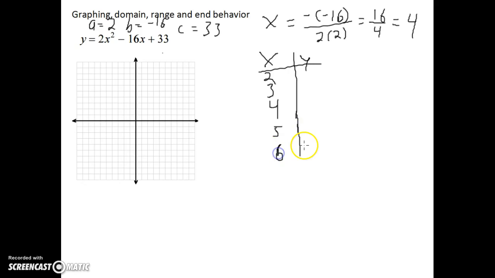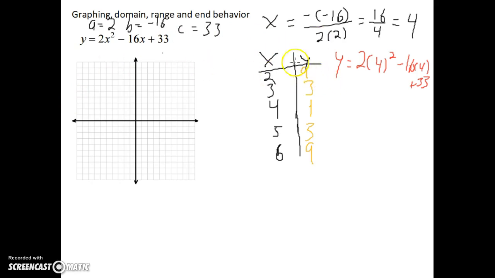Again, you can use a graphing calculator, you can plug it in, do it all by hand, either way is fine. We would just take each x, plug it into our equation. So 2 times, let's do the 4, because that's our middle, 16 times 4, and I'm running out of room, plus 33. So you would solve that, put in the calculator, do it by hand, whatever method you want to do.